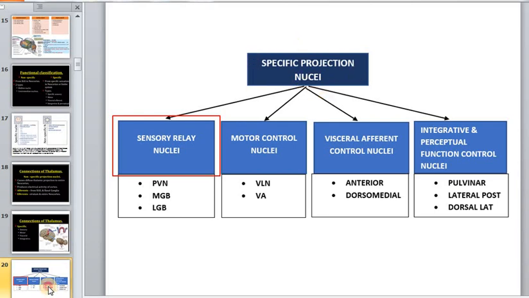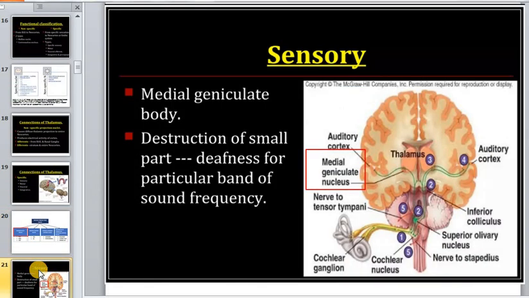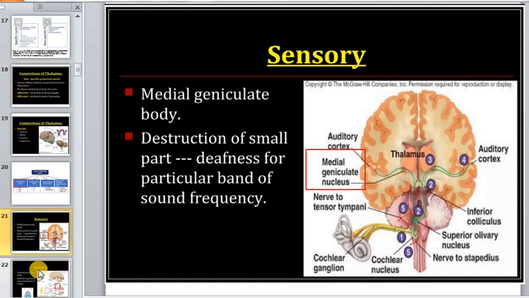Let's look at its first group, the sensory nuclei, and their connection with different parts of the brain. Here we see the medial geniculate body is a relay station of the auditory pathways, and medial, ventral, and dorsal nuclei are described within it.